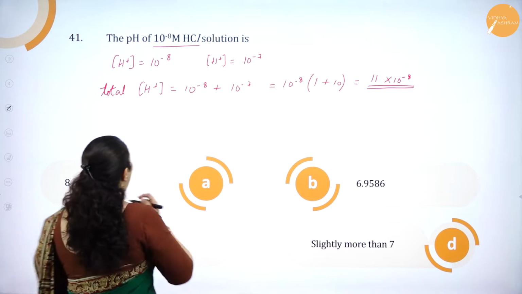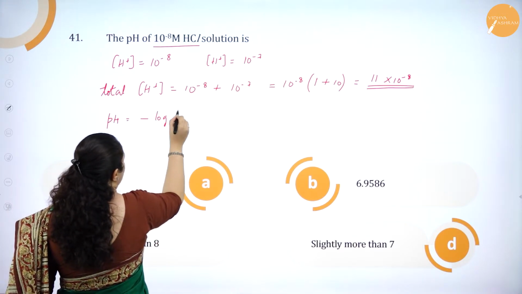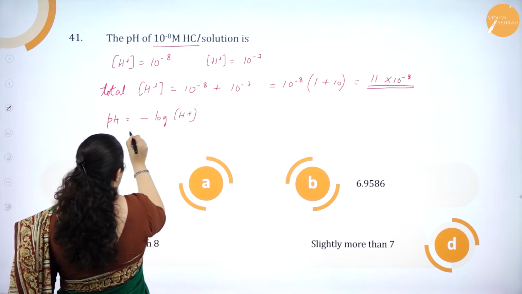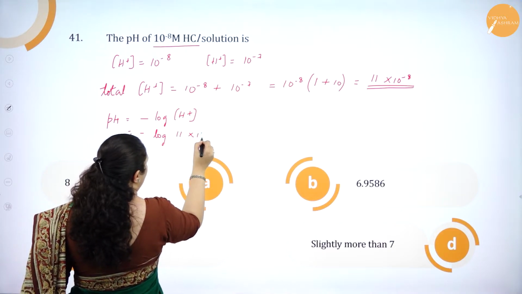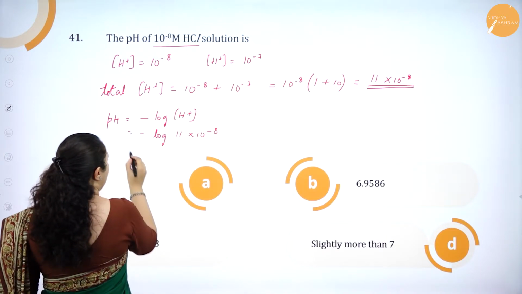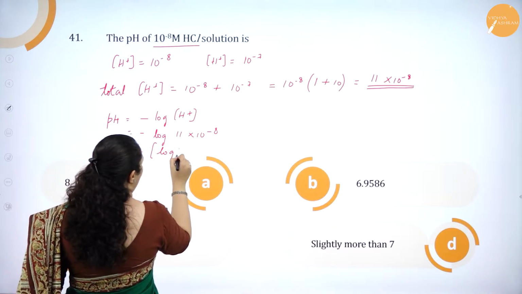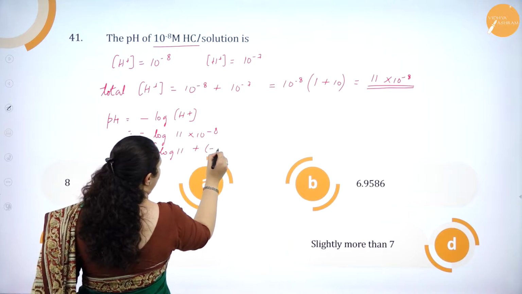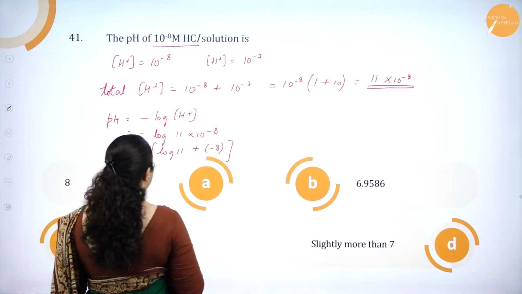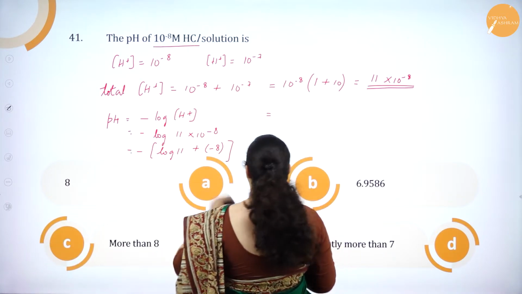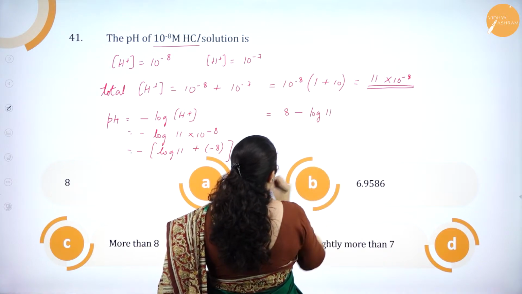Now what will I do? I'll find out pH. pH is equal to negative logarithm of H plus ion. So it is negative log of 11 into 10 to the power minus 8. So here the negative sign I'll keep as it is. It will become log of 11 plus minus 8 log 10, and log 10 is 1. So minus into minus is plus, so it becomes 8 minus log of 11.